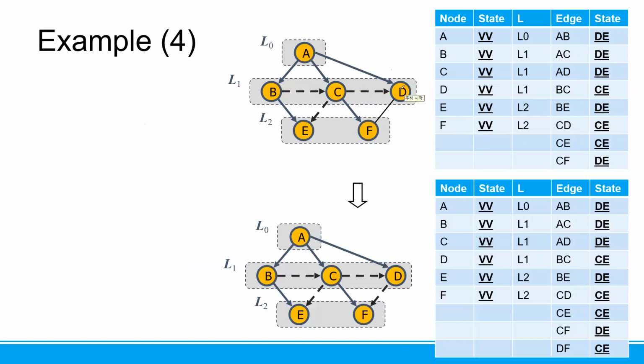The last one, because we have only DF and F is already visited, this edge will be a cross edge. So when we have the BFS, the spanning tree will be this one. This is the spanning tree based on the BFS.